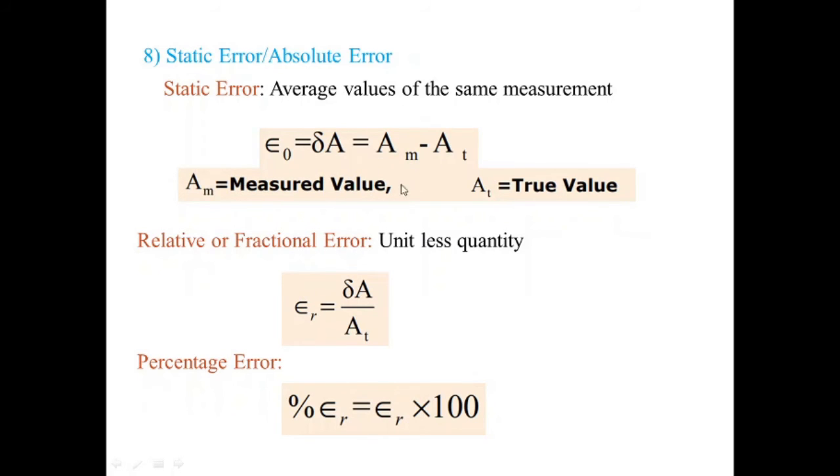Relative or fractional error, which is a unitless quantity, is expressed as epsilon r, equal to the static error divided by the true value of the measurement. And the final one is the percentage error. Percentage error is equal to epsilon r into 100. So these all are the static performance indices of the measurement system.